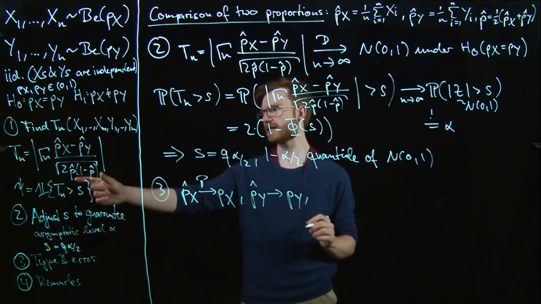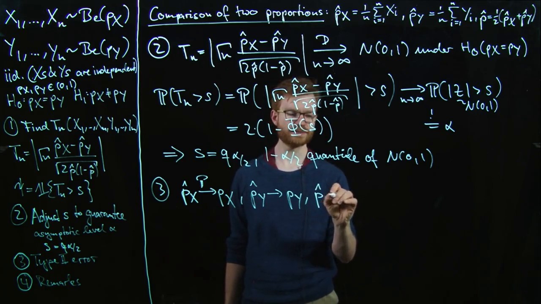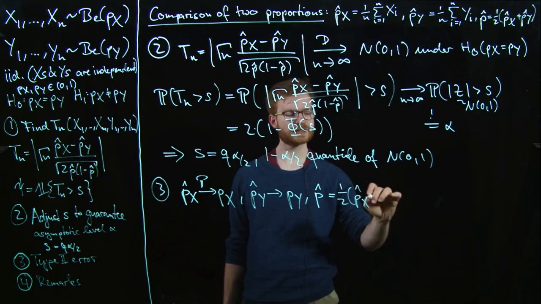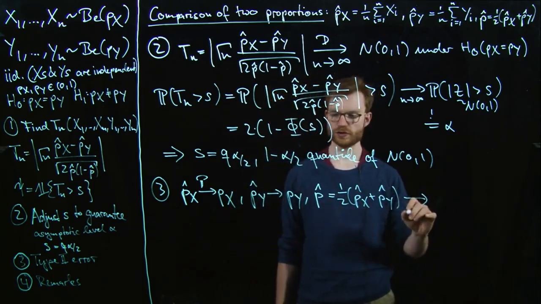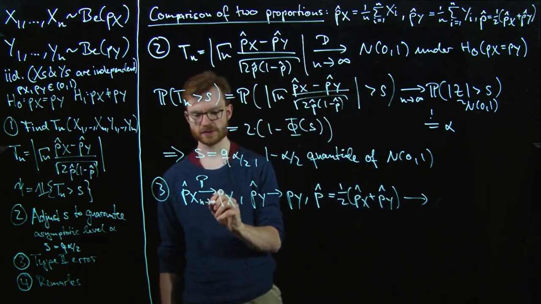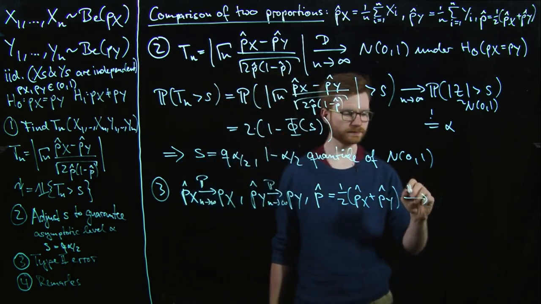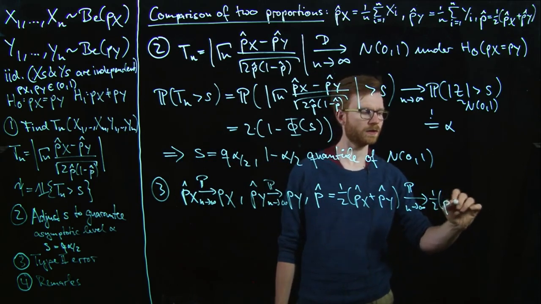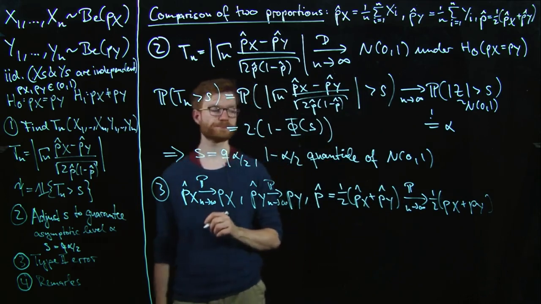And also important, the variance that we're normalizing with, so the estimator we plug in there, p hat, is, I already wrote it down up there, the average of px hat plus py hat. That is also converging in probability, as n goes to infinity, to the average of the two ground truth proportions px and py.